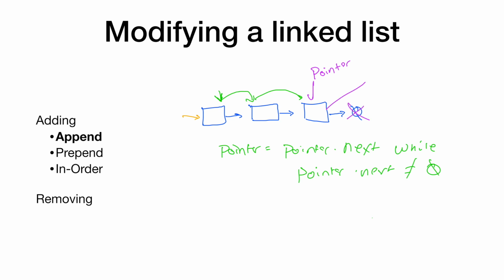It points to this new thing we're going to create, and its next pointer is null. It's at the very end. So that's called appending. You're adding it to the very end.